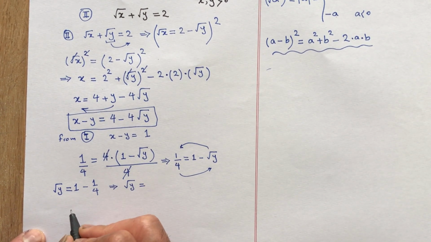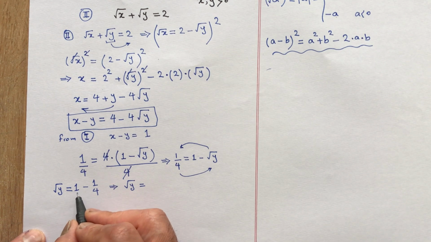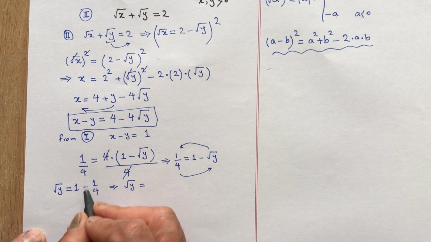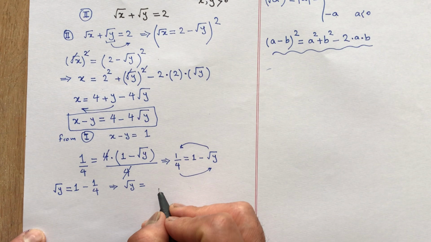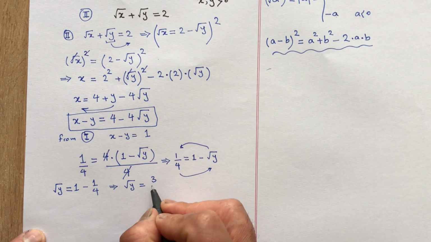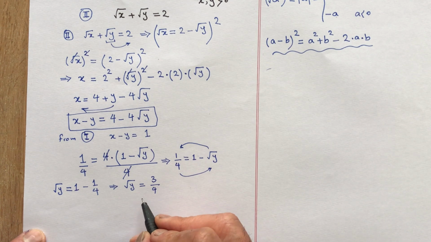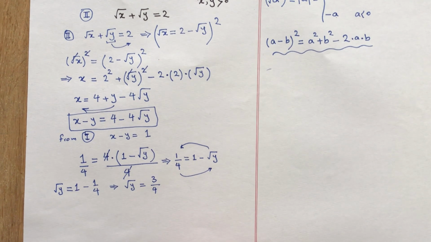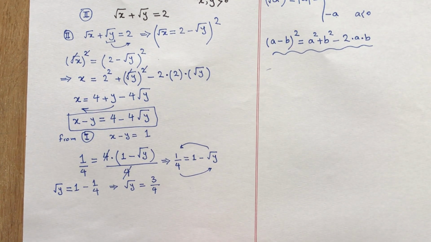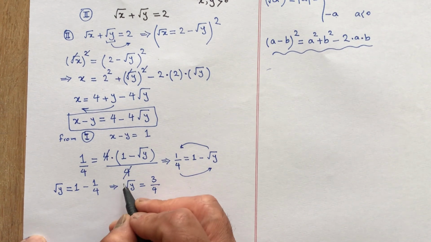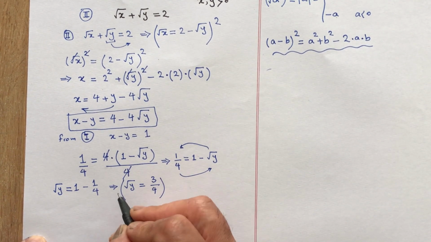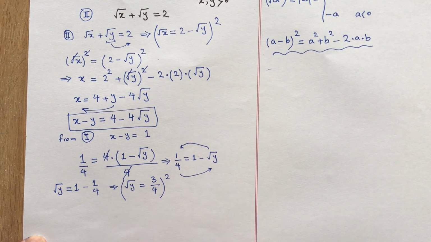We can subtract 1 over 4 from 1, and it's 3 over 4, and now we can solve this equation for only y. How? We can raise both sides to the power of 2.